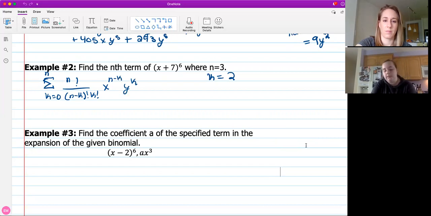For this one, we don't really need that summation piece because we're just finding one term. So we're going to take our factorial piece and plug in all of our information that we need.